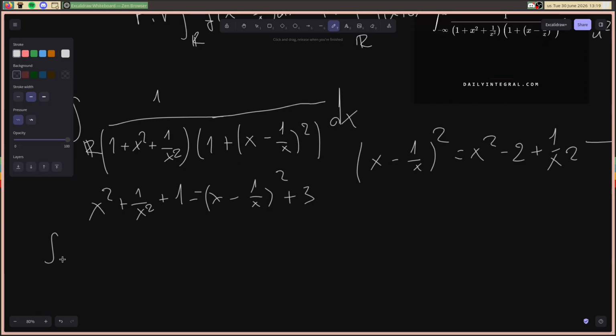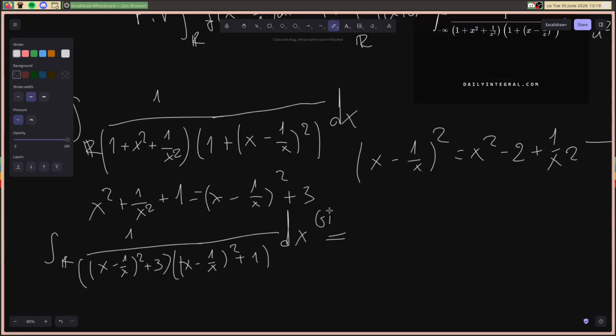So this is just the integral over R of x minus 1 over x squared plus 3 times x minus 1 over x squared plus 1.